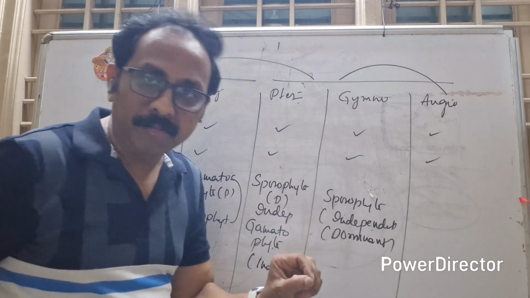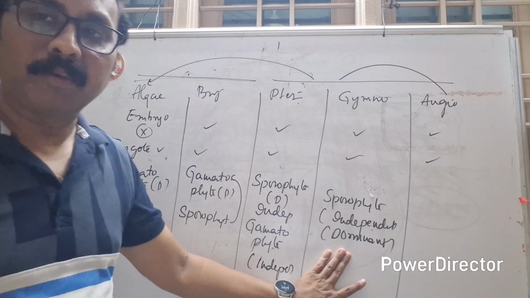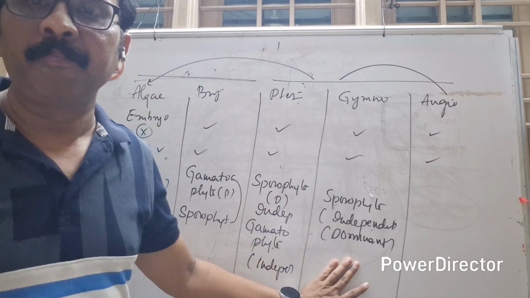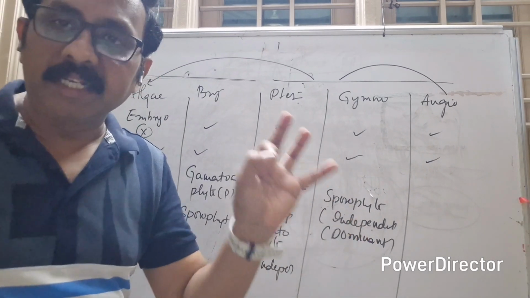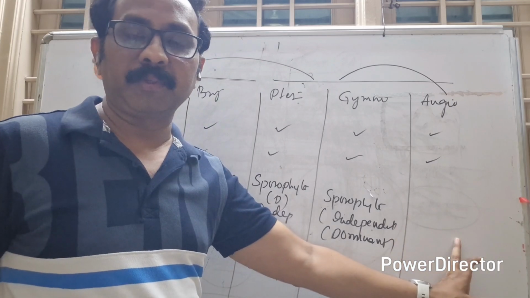Students must remember that the gametophyte in gymnosperms is highly reduced, and frequently the question is asked from this area. Which of the following plant groups have a highly reduced gametophyte? You can answer gymnosperms and angiosperms.